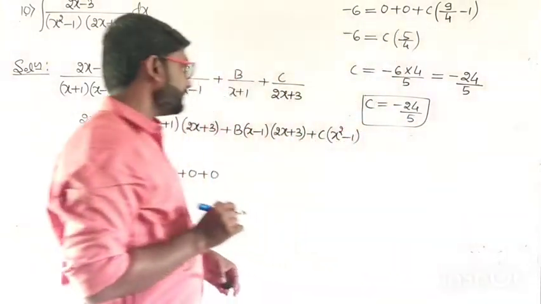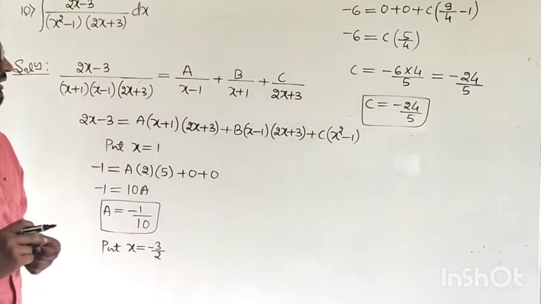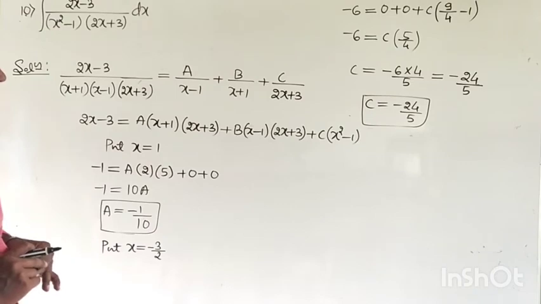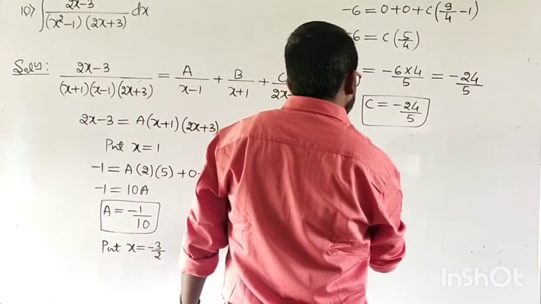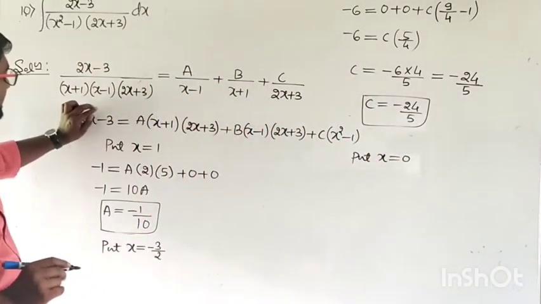So now we have to calculate the value of B. So how do you find the value of B now? Let us take X as 0. So put X equal to 0. This term will be eliminated.